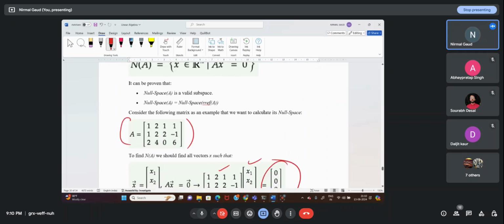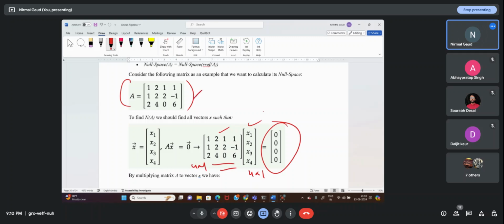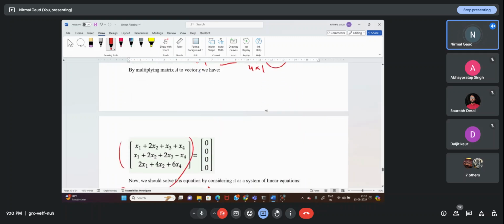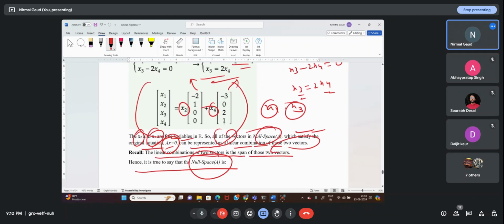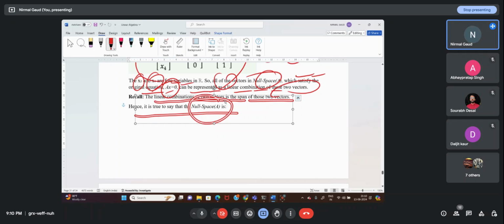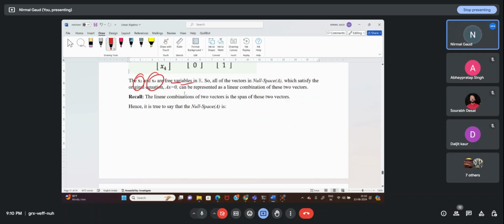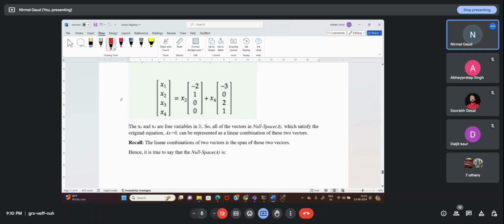So we took one matrix, we applied all these steps, we solved it, and the solution says that we got free variables x2 and x4.